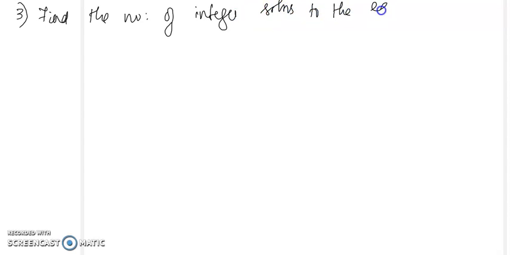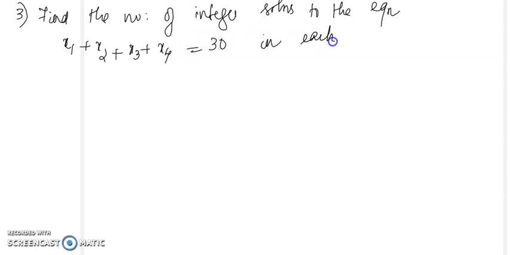So find the number of integer solutions to the equation x1 plus x2 plus x3 plus x4 equal to 30 in each of the following cases.